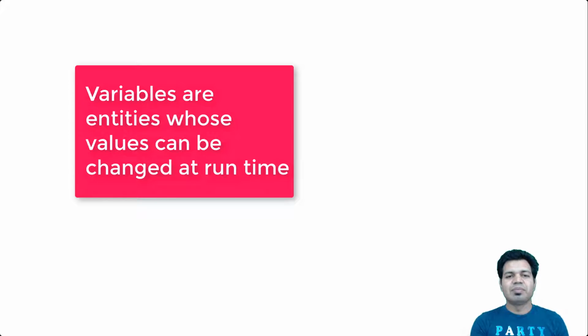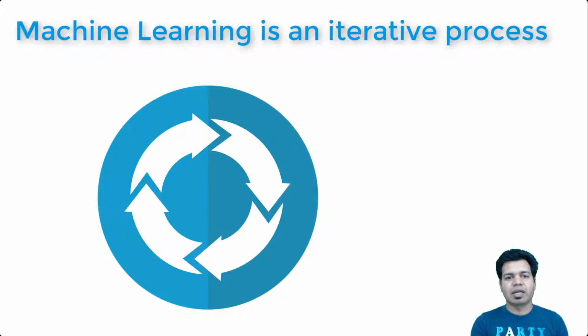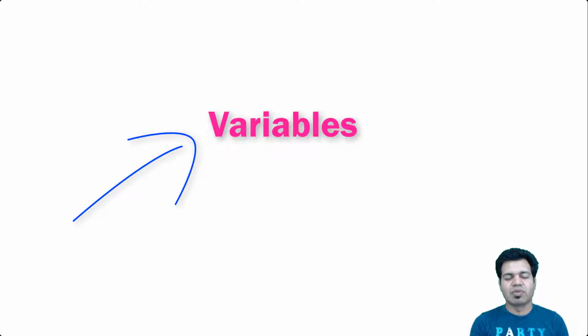As discussed earlier, machine learning model training is an iterative process, and we essentially feed the error back to the beginning of the program, thereby finding new values which can be assigned to variables, repeating this process again and again till the time we get optimized value. So we need some construct which can regularly store new updated values as a part of iterative machine learning, and we use variables, rather TensorFlow variables, for that purpose.